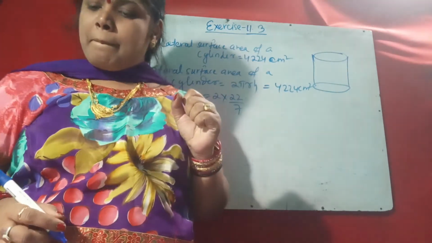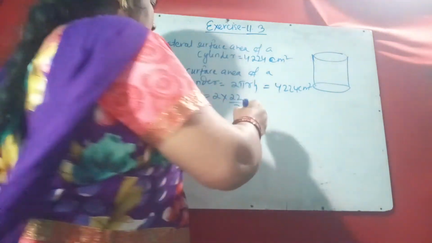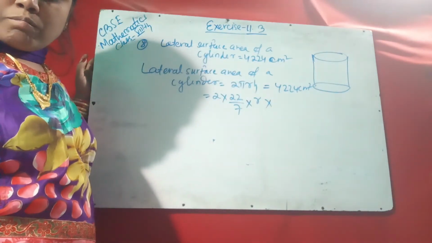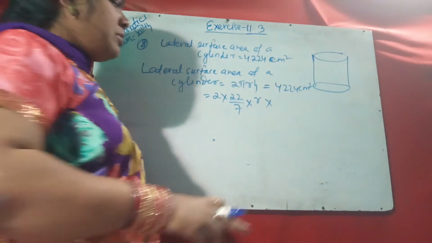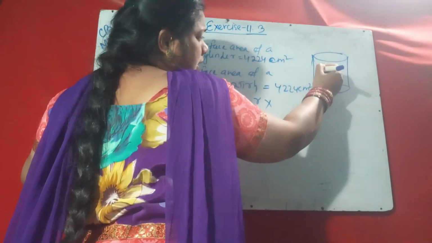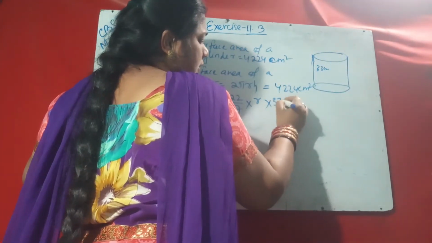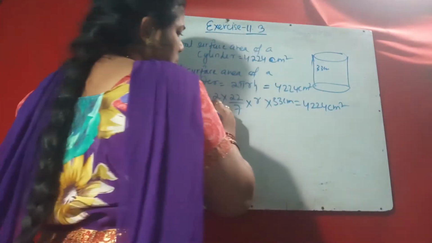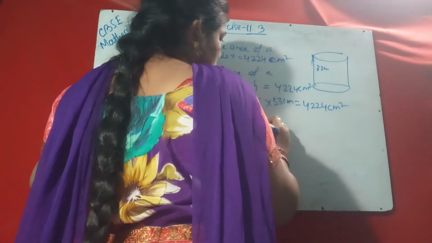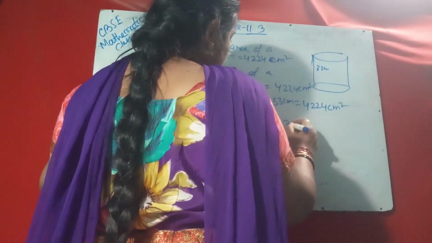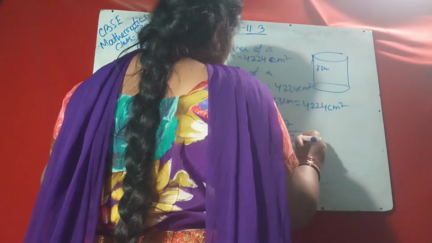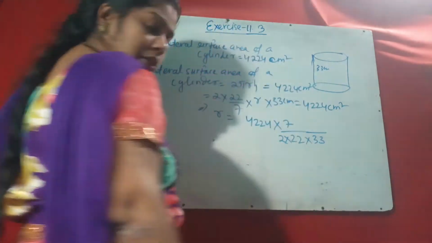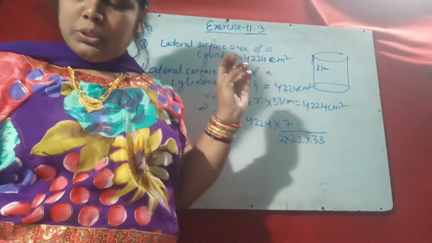You don't know what r is, into h, which is given as 33 centimeter. So 2 into 22/7 into r into 33 equals 4224 centimeter square. You solve here: r equals 4224 into 7 by 2 into 22 into 33.